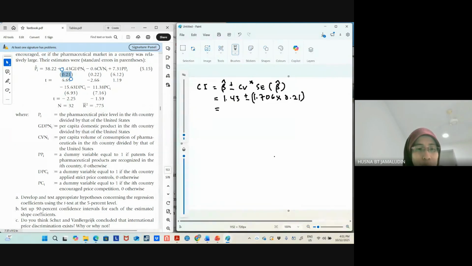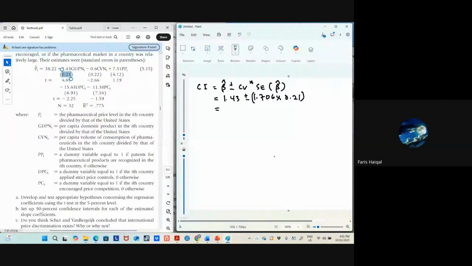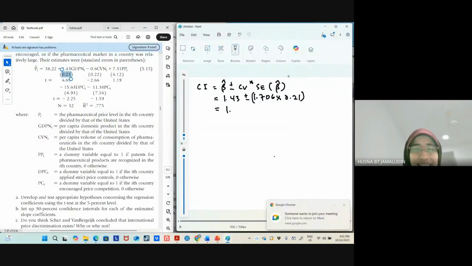Anyone with a calculator, quick. Who gets the answer first for the minus? What will you get? 1.07. Yes.